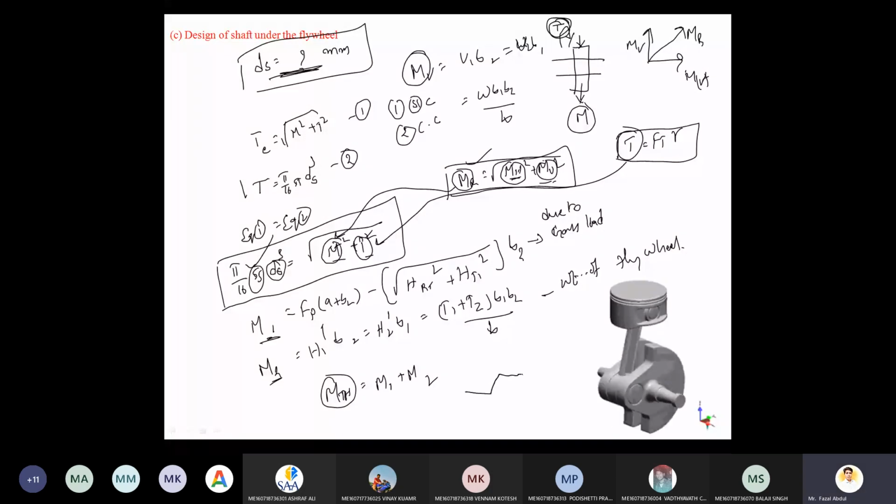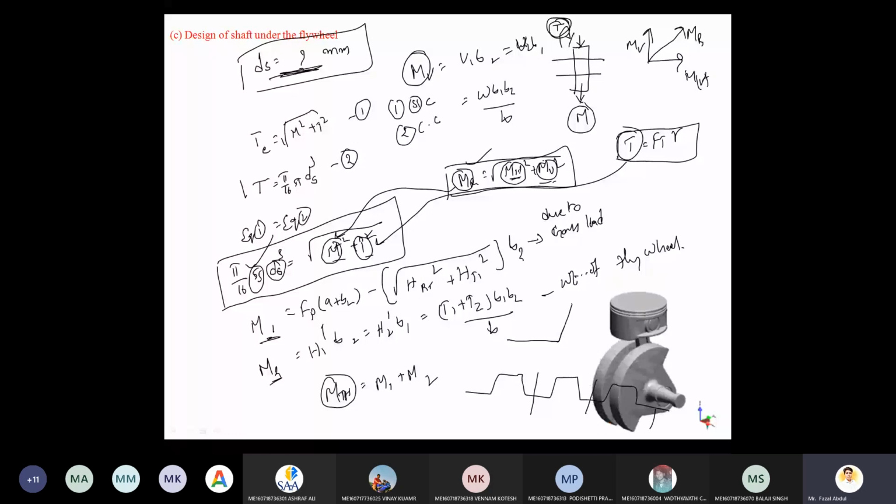This kind of crankshaft is a center crankshaft, maybe up to here or maybe this one. But for the side crankshaft, only a single web is there. That's all. Okay.